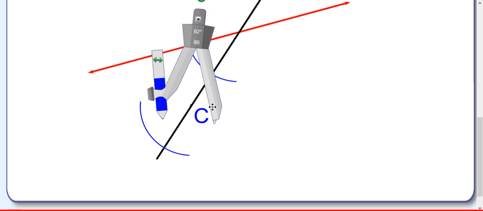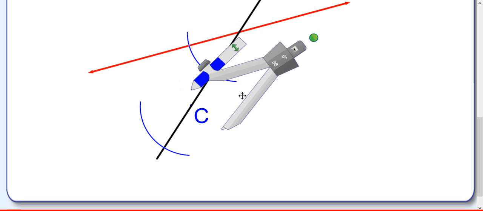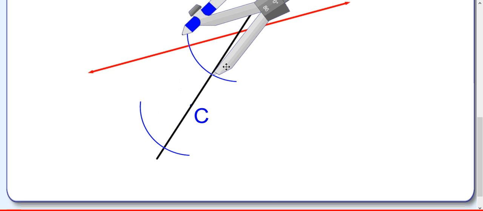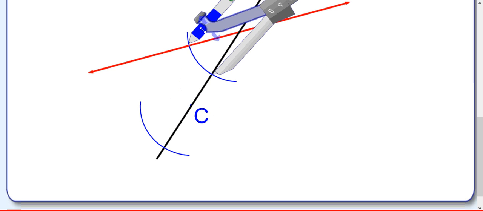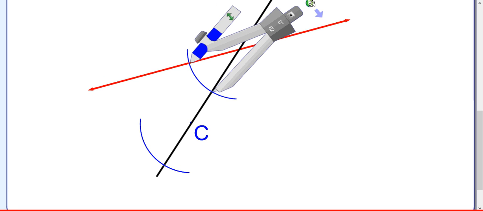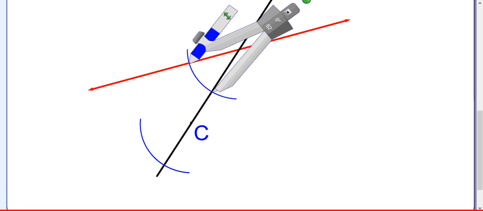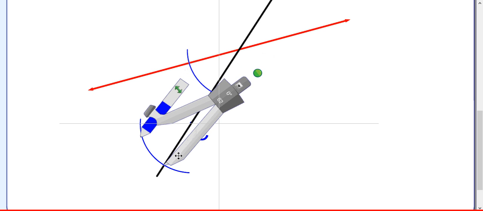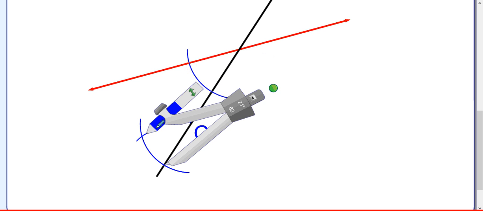Then, to copy the angle after you make your reference arc, you have to measure that arc. You measure the opening of the arc right there, and we're going to copy that down to the arc where we're copying.